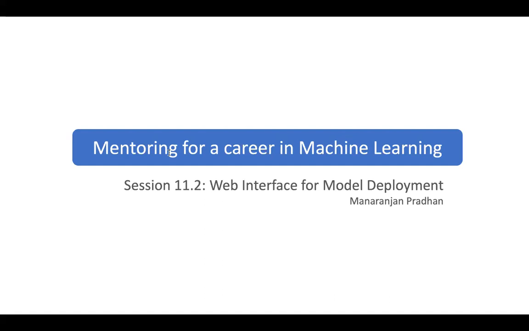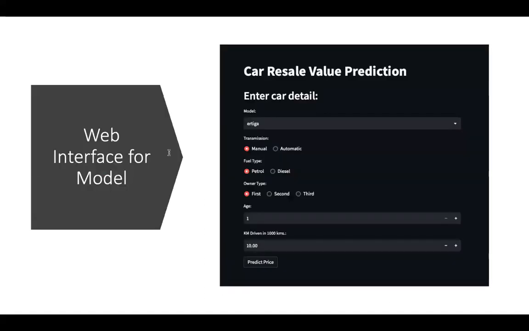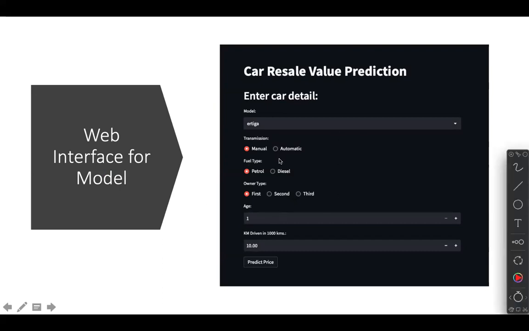So let's say you want to provide a web interface, something like this, right? There'll be a web page with all the fields. For example, the user can select what model it is, what transmission the car has, what the fuel type is, what the owner type is, what the age of the car is, and how many kilometers driven in terms of 1000 kilometers. So the user can select all necessary information and say predict price, right?